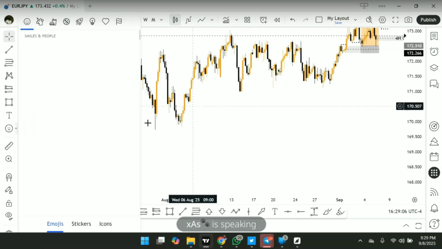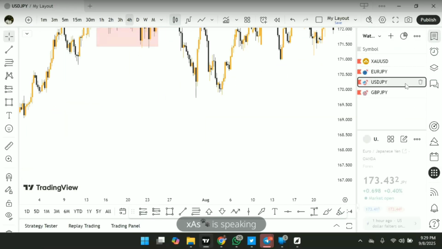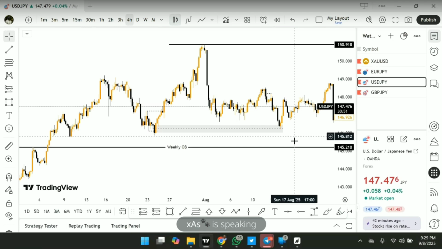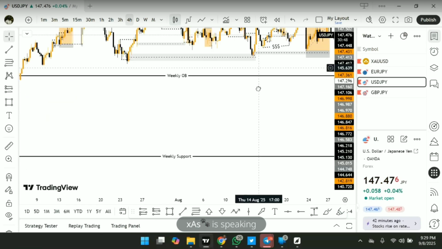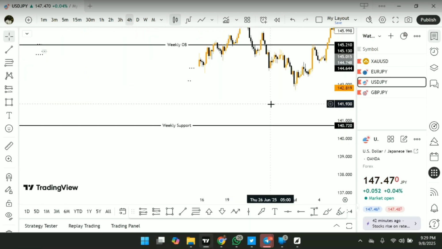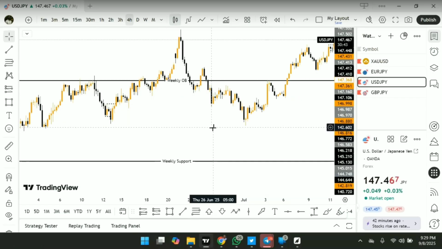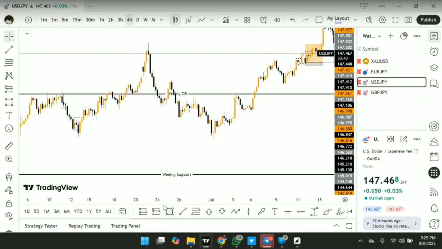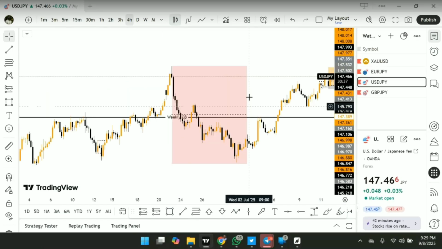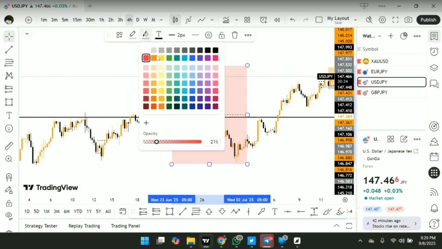Let's look for a downtrend. Now let's take this side here. From here to here is a bearish market. Why is it bearish?